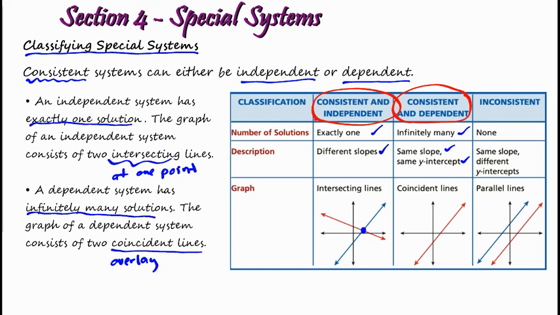And when there are no solutions, that means we have the same slope but different y-intercepts, so the lines will never intersect. We say that this is an inconsistent system.